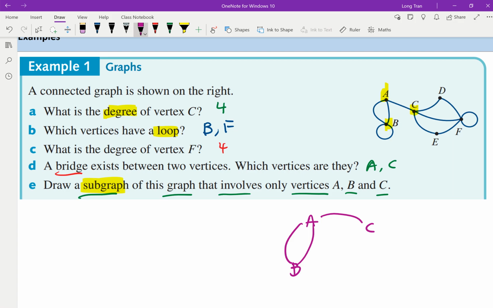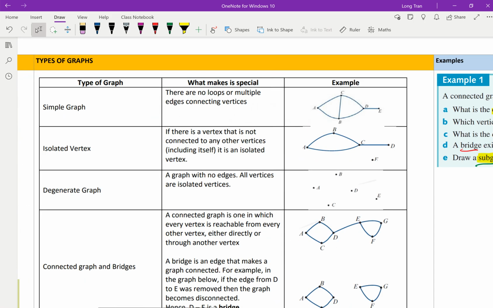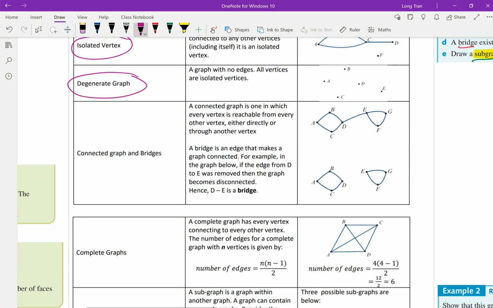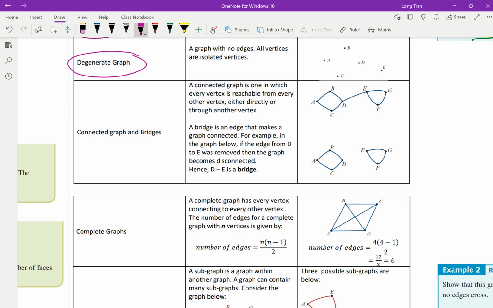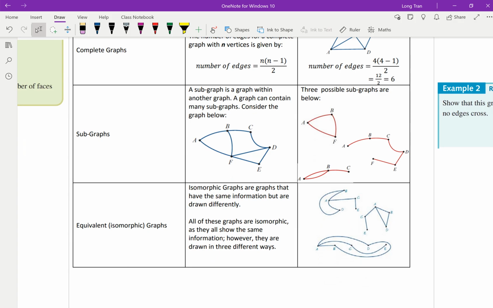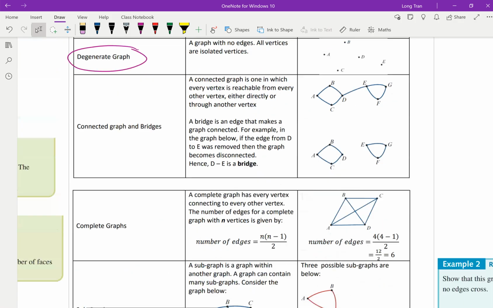Okay, so that's what a subgraph is, and that's all to revise what I printed out for you, the different types of graph you have. You have a simple graph, an isolated vertex, a degenerate graph, a connected graph and bridges, complete graphs, subgraphs, and then equivalent graphs. Okay? So that's what I printed out for you there.